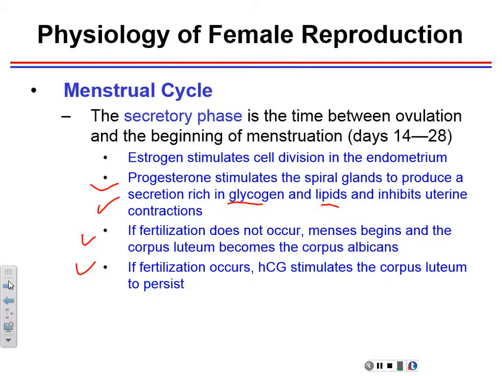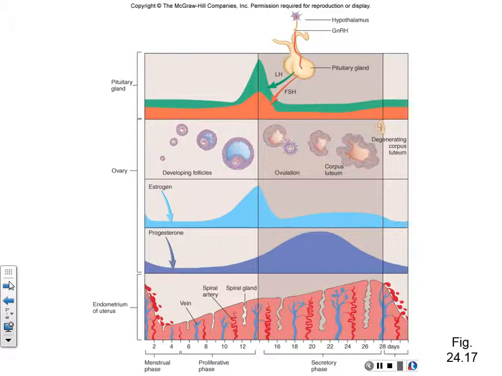When we do pregnancy, you will see that after a while the placenta takes over the production of estrogen and progesterone, once it's established. But in the meantime, the corpus luteum is doing it. That's why you have follicular development in the female, because you need that corpus luteum to produce estrogen and progesterone at the beginning. Estrogen and progesterone will continue to proliferate the lining of the uterus and so forth.